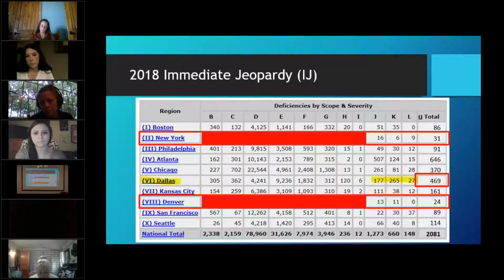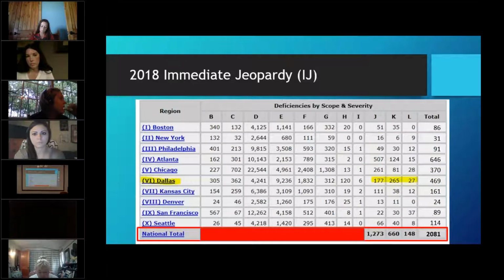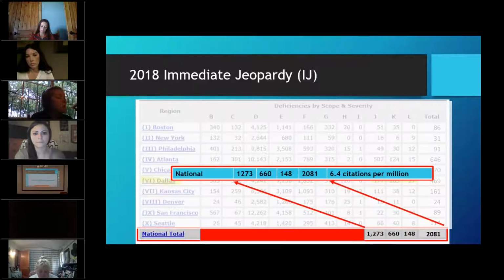And those low areas that have less IJs are the Denver region and the New York region. Okay. We don't need to worry about all this a whole lot. It was just giving you some statistics from history from 2018.